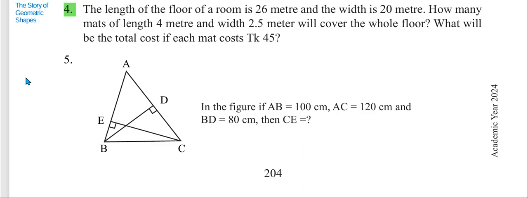So to solve the question, at first we have to multiply the 26 with 20 to determine the area of the room, and then we have to multiply the number 4 with the number 2.5 to determine the area of a mat.